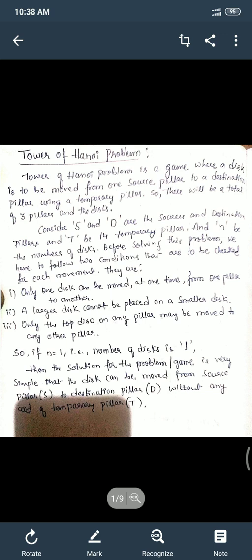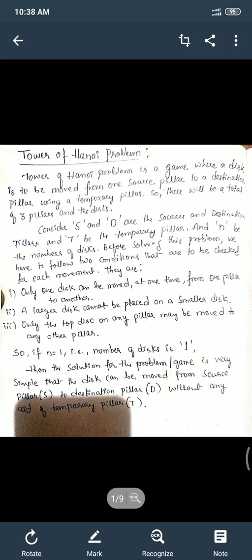So what is this problem about? The disks have to be moved from the source pillar to the destination pillar, from one pillar to another. In order to make a movement, we have to follow certain conditions.